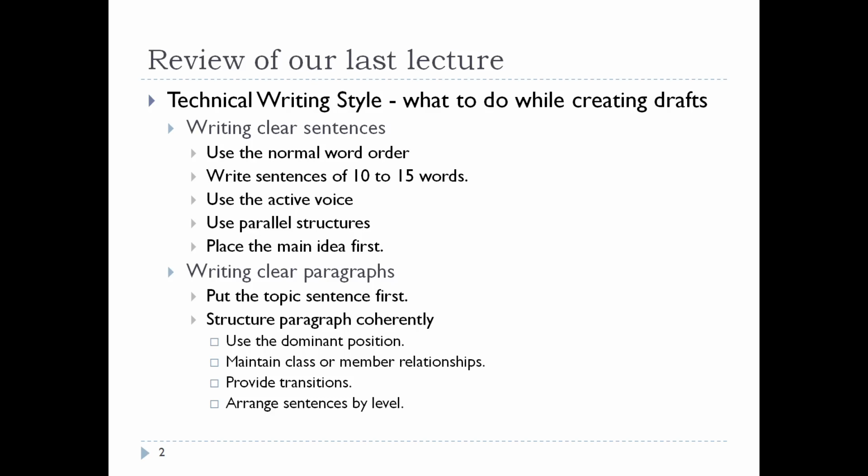So the first level goes to the topic sentence, the main idea of the paragraph, and then if you are explaining the main topic, or if you are adding a subtopic to the main topic, those sentences should go at level 2. If you talk in more detail about the subtopic, then that sentence should go to level 3. Otherwise, if all your sentences are about the main topic, those sentences should stay at level 2.